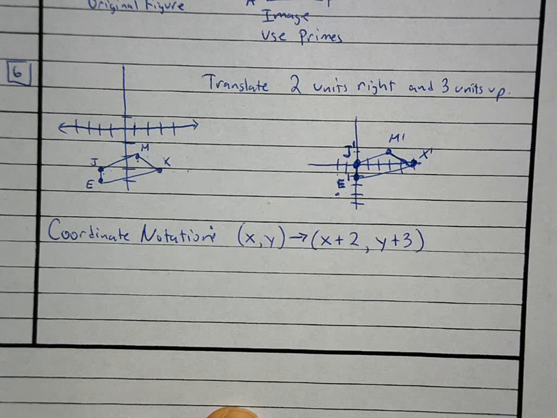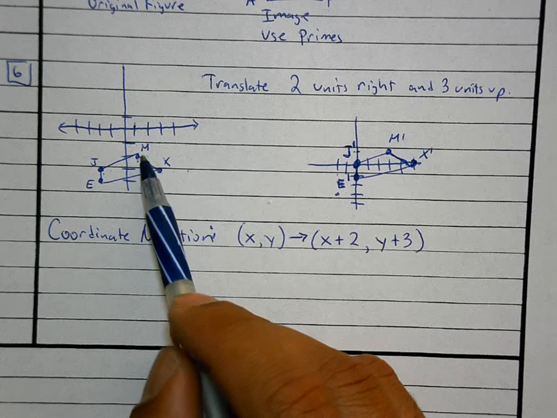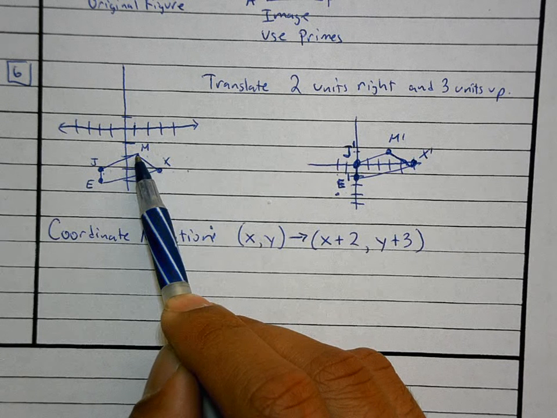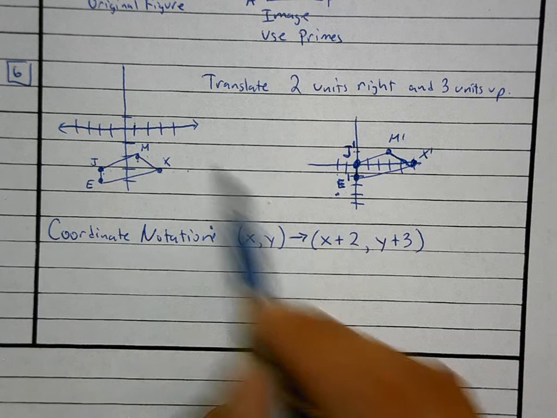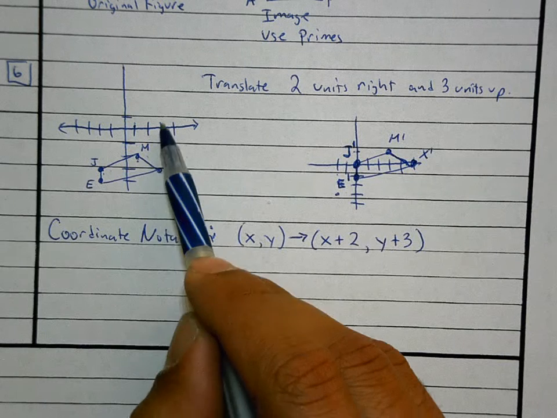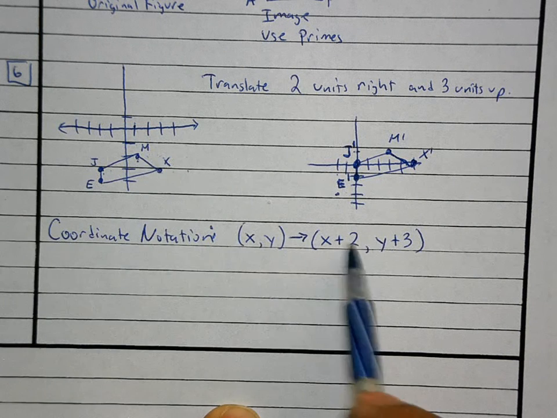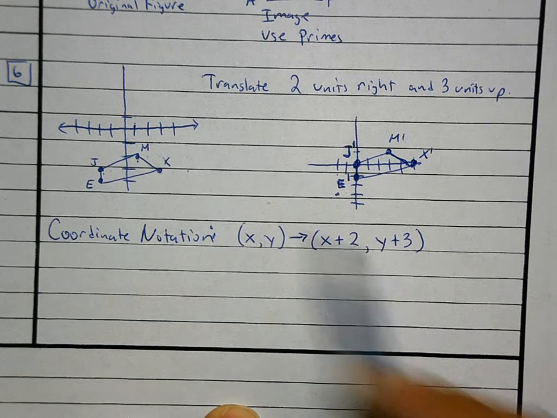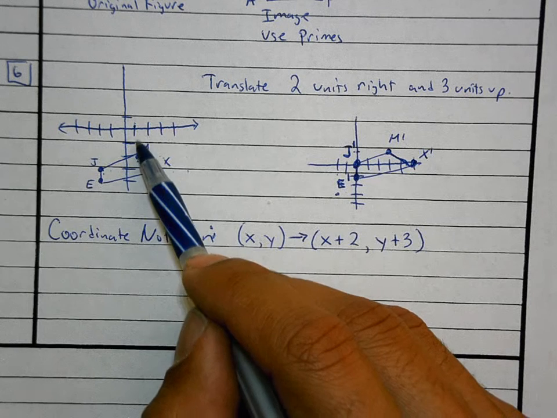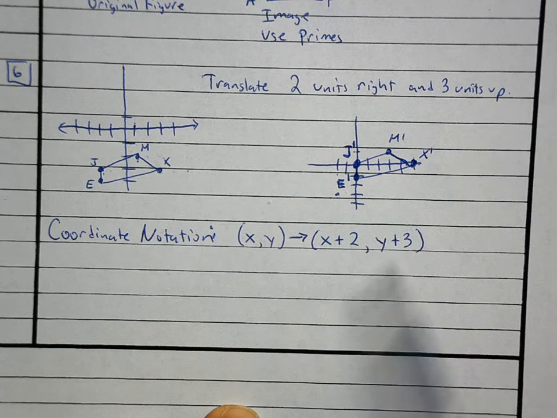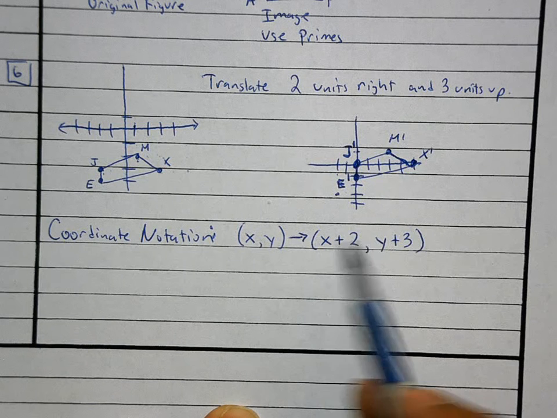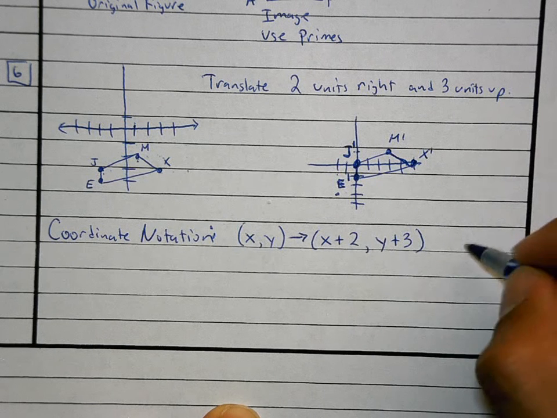What this means is that if I had an x-coordinate here, doesn't matter what it is, I have to add 2 to the x-coordinate and get a new x-coordinate that's going to be 2 units to the right. And the y-coordinate, we're going to add 3 to the y-coordinate and get our new y-coordinate. And if I use this, it's the same thing as this.